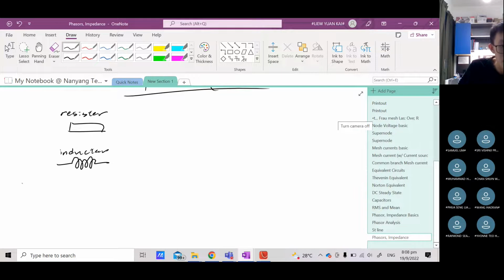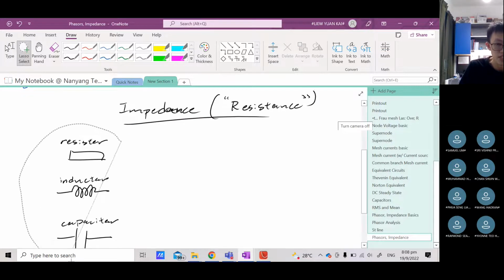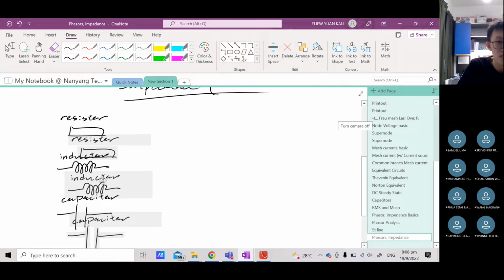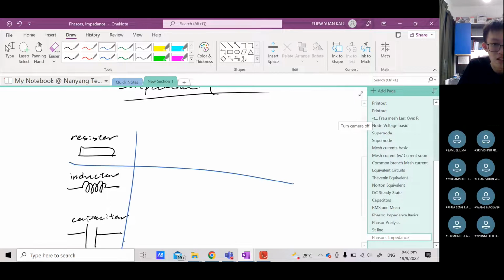And then number 3, we have our capacitor. What is the formula for the impedance of each of these devices? Let us take a look, so we just draw this table out.